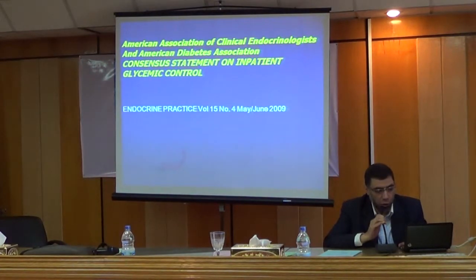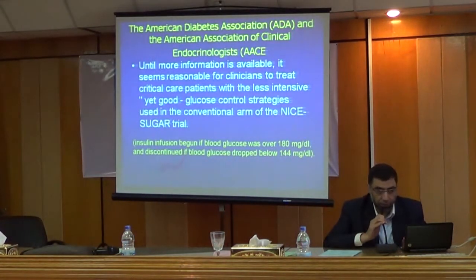The American Association of Clinical Endocrinology and the American Diabetes Association changed their recommendation again. The new recommendation was: until more information is available, it seems reasonable for clinicians to treat critical care patients with the less intensive yet good glucose control strategies used in the conventional arm of the NICE-SUGAR.